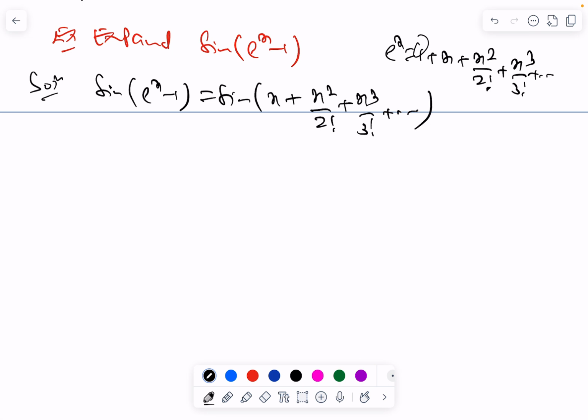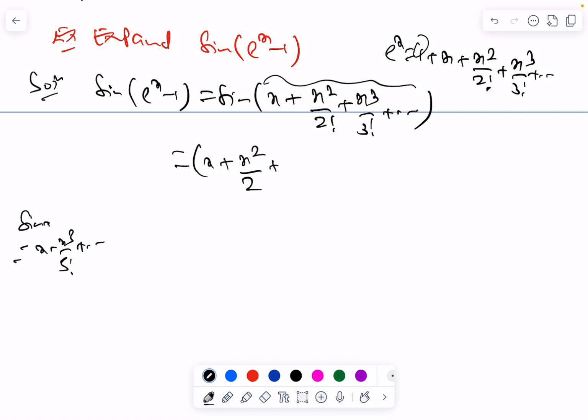Now again we use the series of sine x. So what is the series of sine x? Sine x is x minus x cube by factorial 3 and so on. So this is our whole x. So this is x plus x square by 2 plus x cube by 6 and so on.